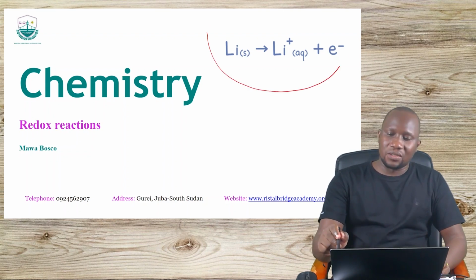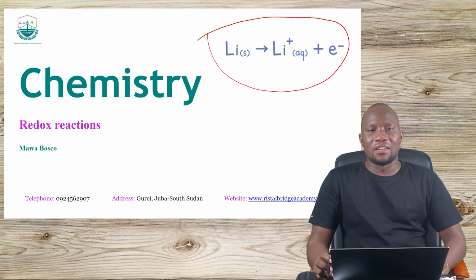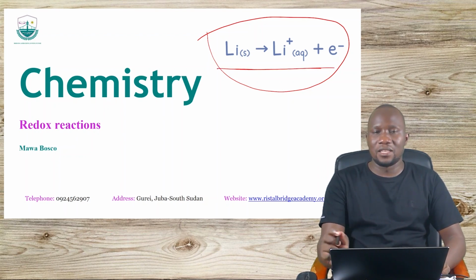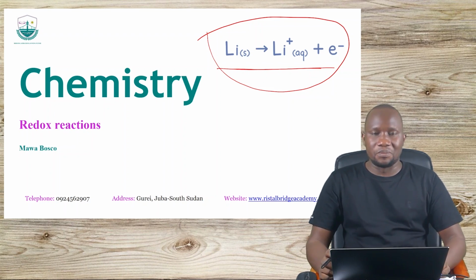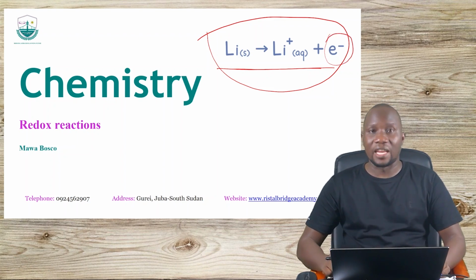Perhaps you could be asking yourself, why are we having such an equation? It is one of the things that we are going to look at in this presentation. What does an equation like this actually mean? Because you can see even there is an E with a minus there.